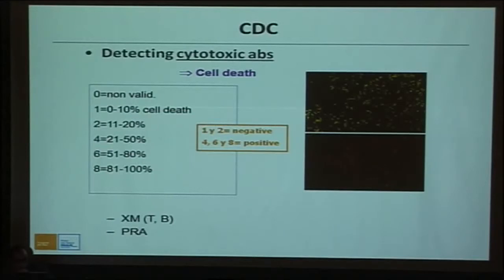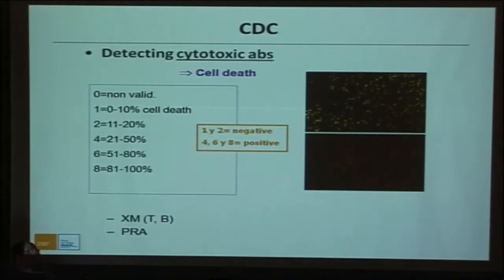By agreement, the immunological labs have agreed that 1 and 2, so below 20%, the CDC crossmatch is negative, and above 20%, it is positive. And usually, when a resident in immunology is in the lab looking at these cells and sees, wow, 20%, he's thrilled and calls the senior immunologist to say, I have a CDC crossmatch in the gray zone.